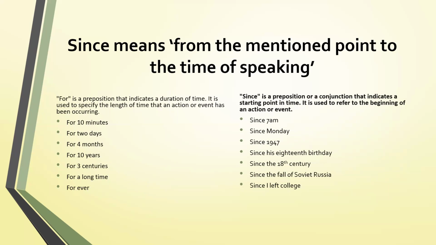The important point is that for is used to specify a period of time. In English, the basic formula for using for is for plus a period of time. For since, it is since plus a particular point in time.